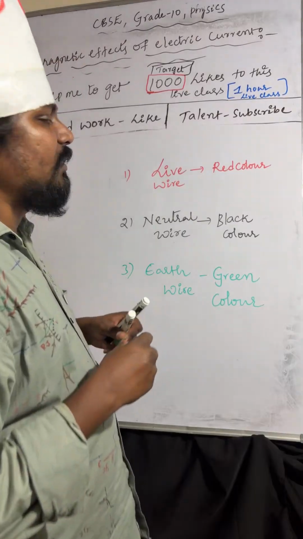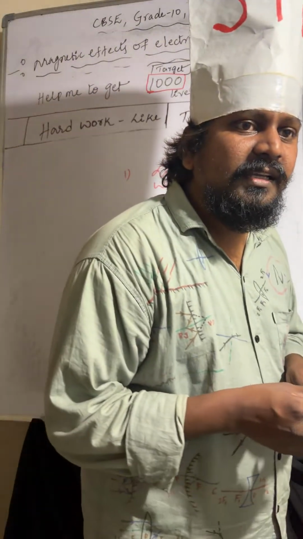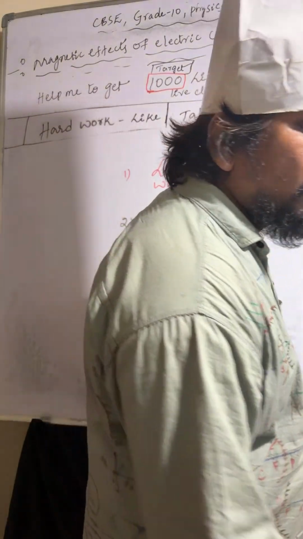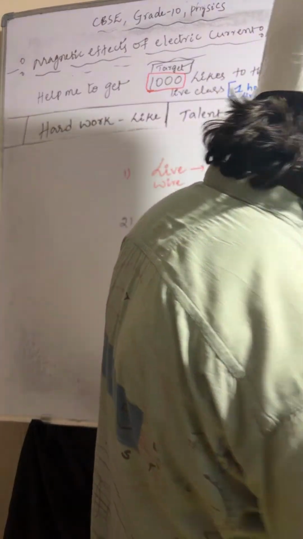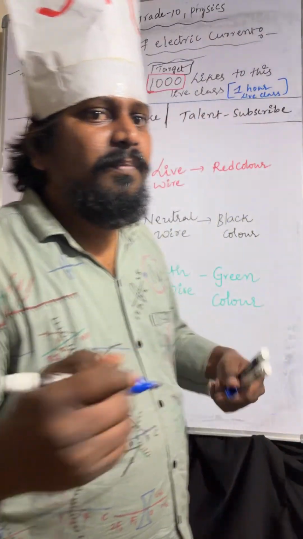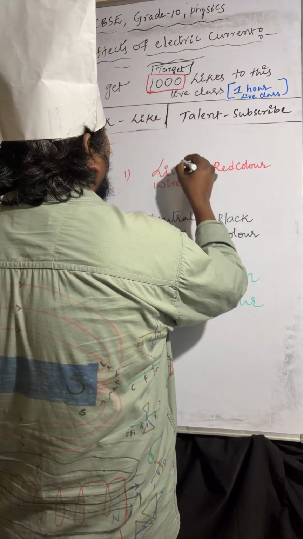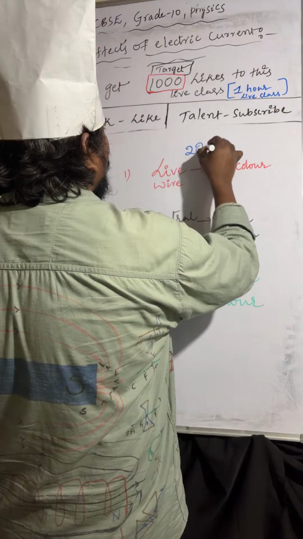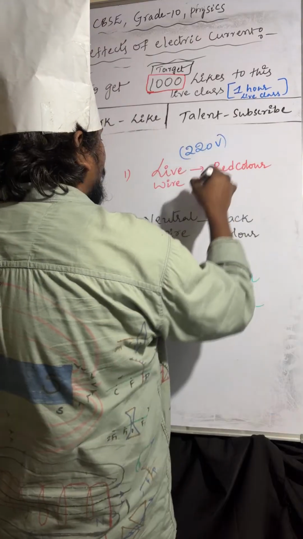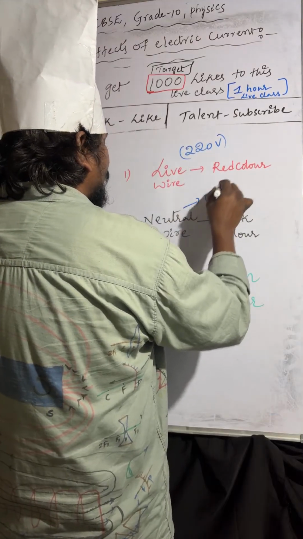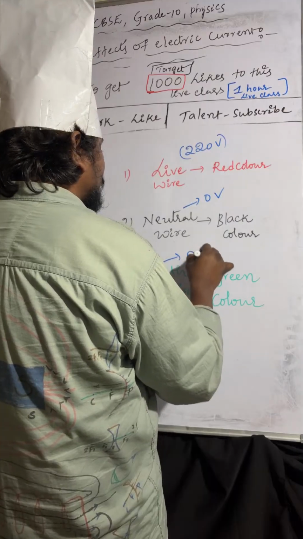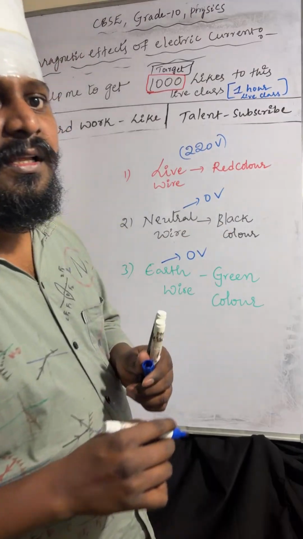Understood? So the potential of the live wire is 220 volts. The potential of the neutral wire is 0 volts.